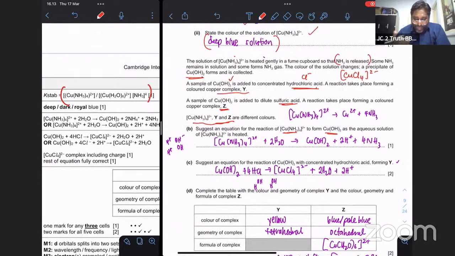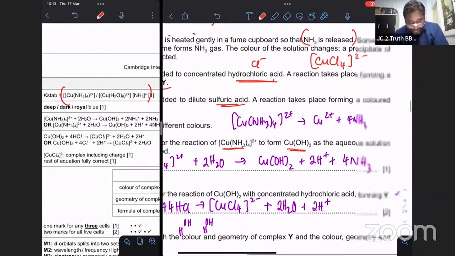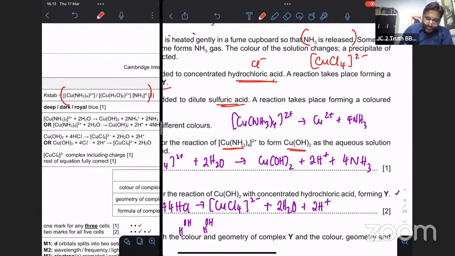So what will happen? They mention that when this is heated gently, ammonia is released. When you heat gently and ammonia is released, what is actually happening? You need to write down first: this one heated gently, you have copper 2 plus with ammonia, all the ammonia, or some of it stays there.